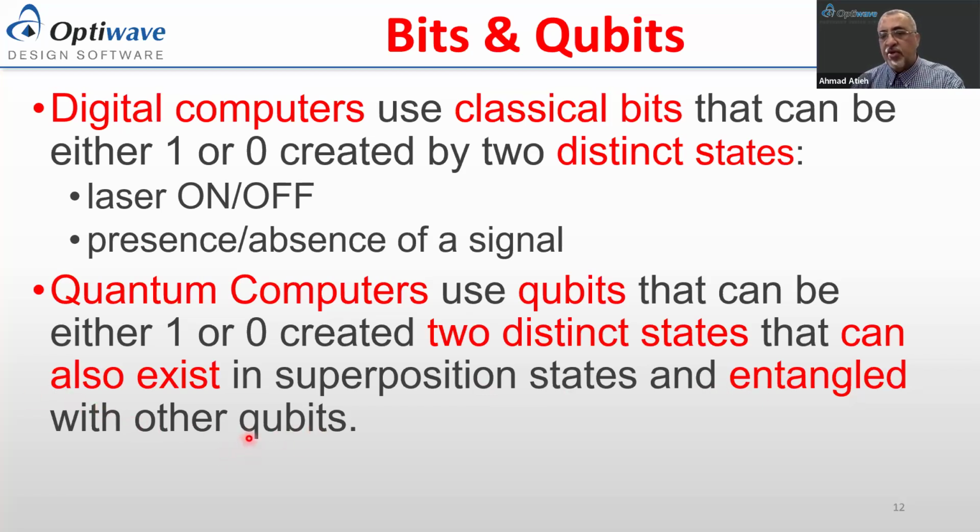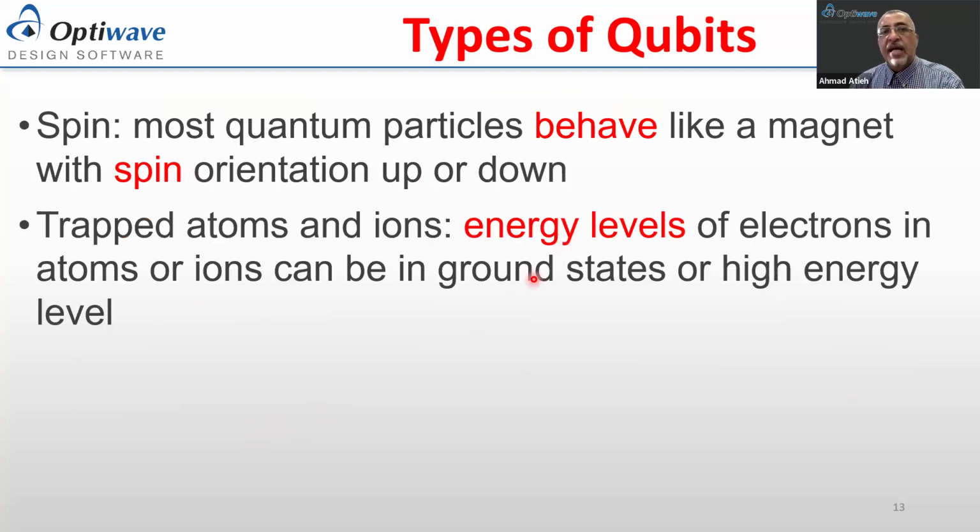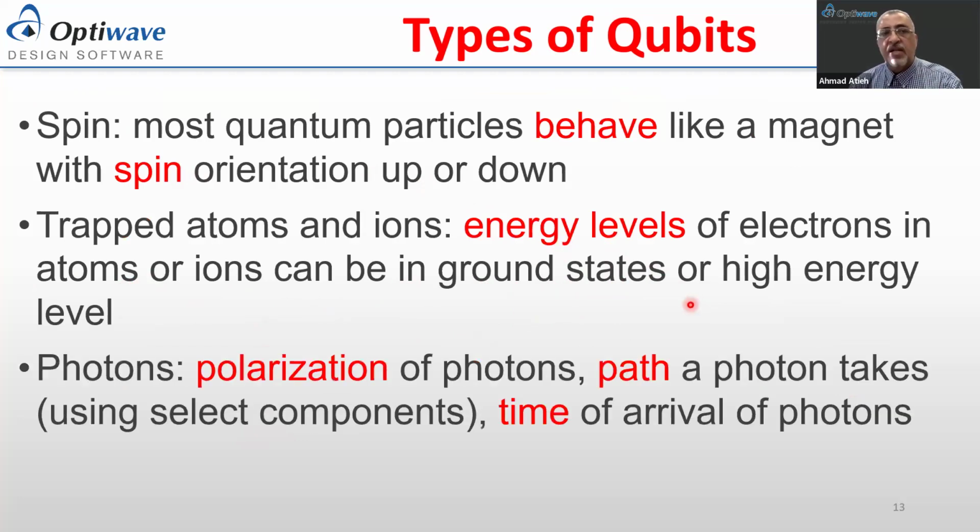and entangled with each other qubit. Types of qubits can be spin. So most of the particles behave like a magnet where you can spin orientation up or down. So up or down, their orientation of spinning. And also trapped atoms and ions can have different energy levels to have ground states or excited state, a higher energy level.